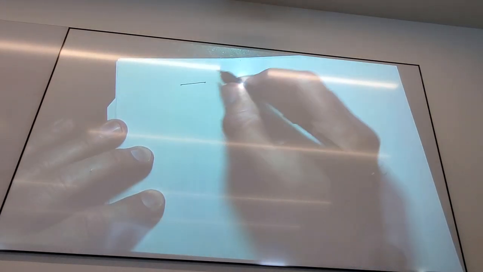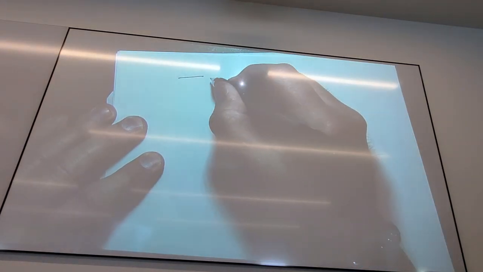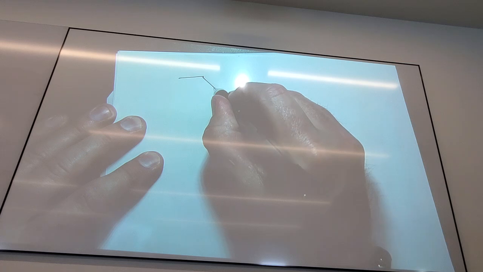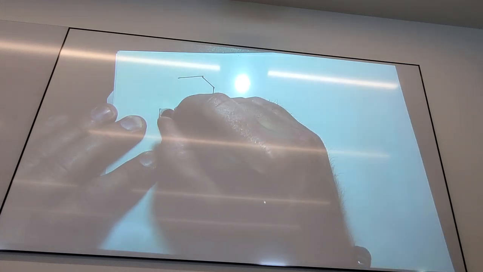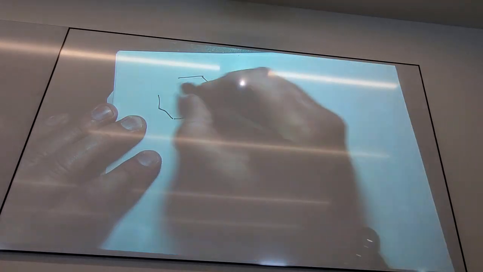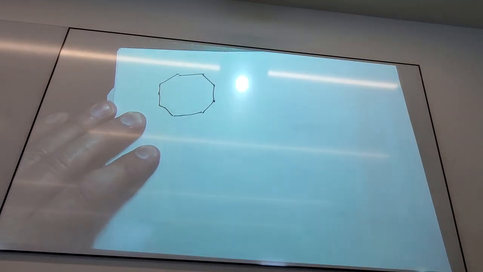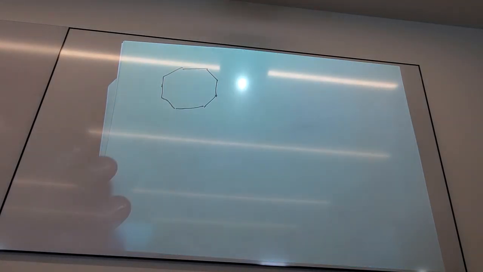If I put on the extra stipulation that all the side lengths and the angles are congruent, let me see if I can do this. All right, for me, that's really good, which is pathetic, but we're going to be okay.